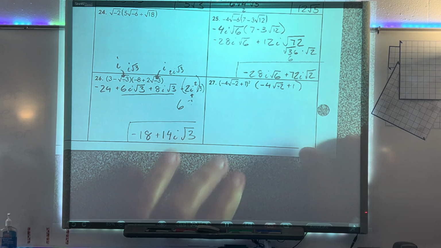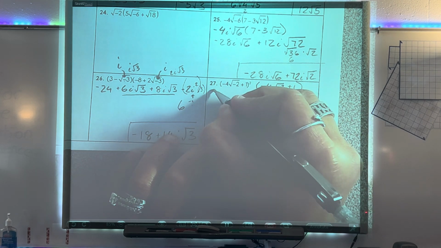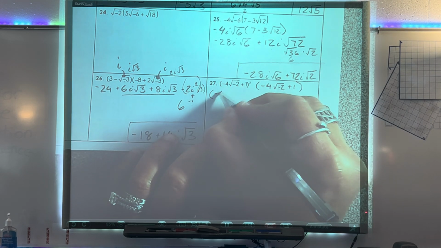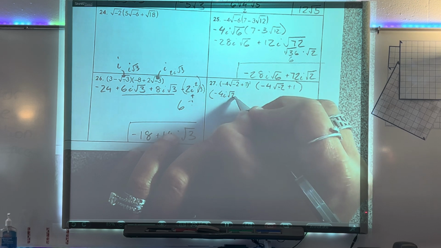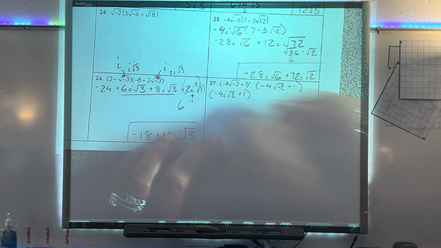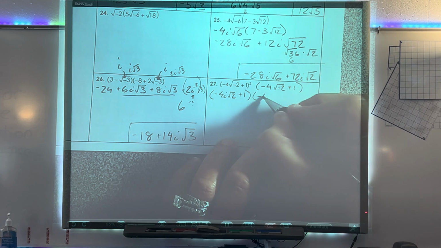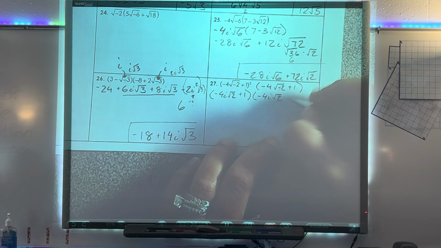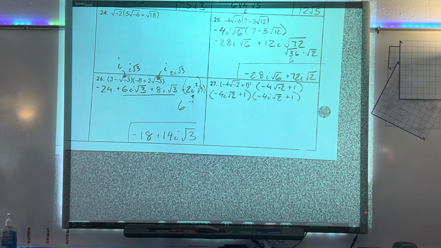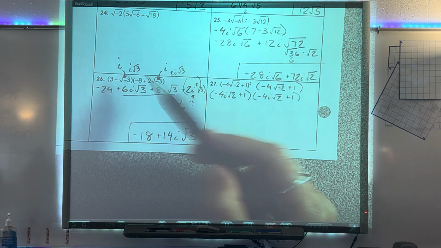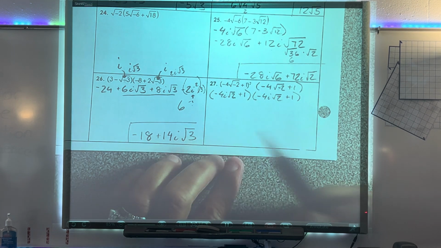I probably should have done that a while ago. So I've got negative 4i square root of 2 plus 1. Good there? Here I'm gonna have basically the same thing. Negative 4i square root of 2 plus 1. Now I don't have to do the sign changes and stuff in my head like we did over there. This is probably a little bit easier.